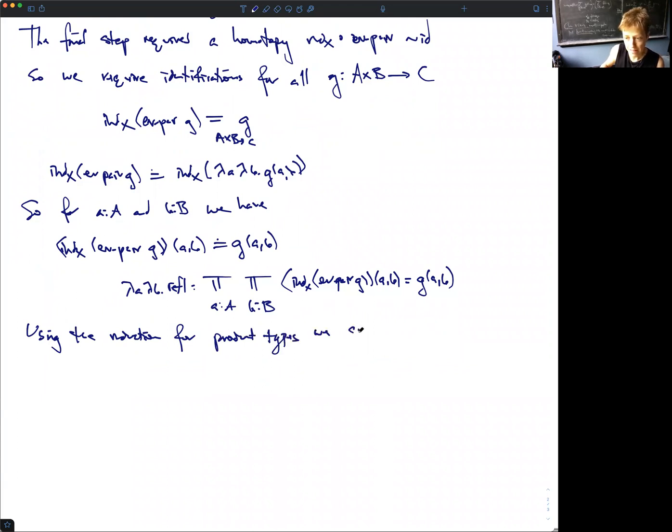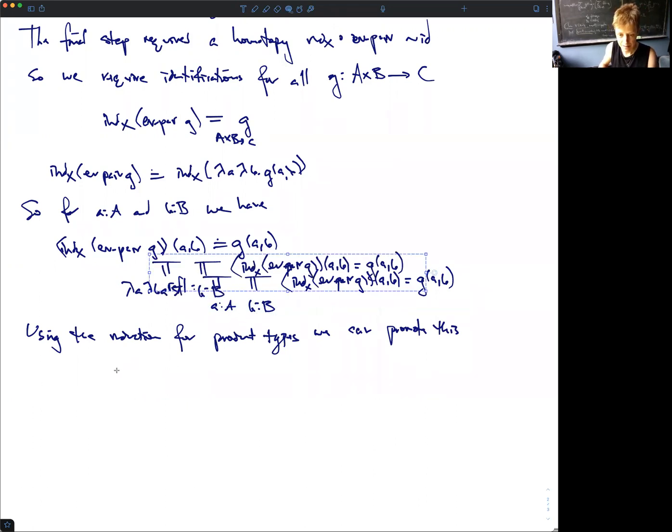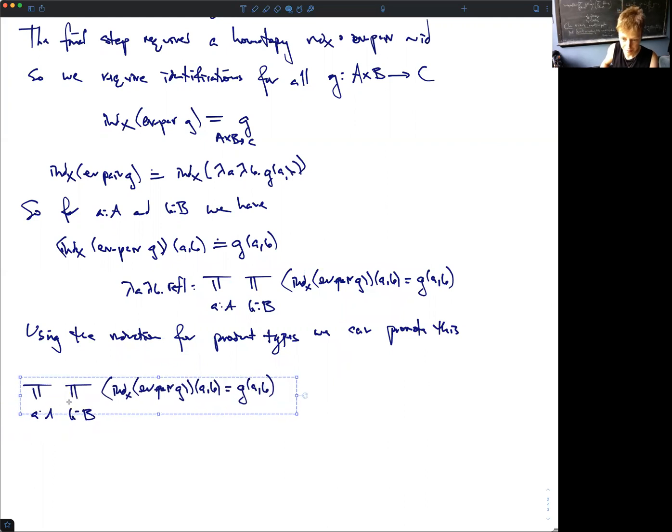So using again the induction principle for product types, we can promote this. And what I mean is that the type that we've inhabited does not quite capture the full domain of the type G, but I can promote it to an identification involving an arbitrary pair.